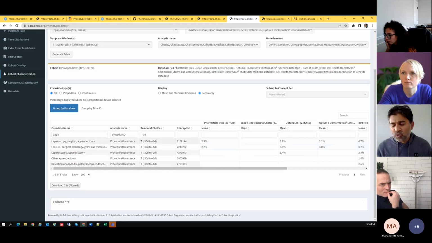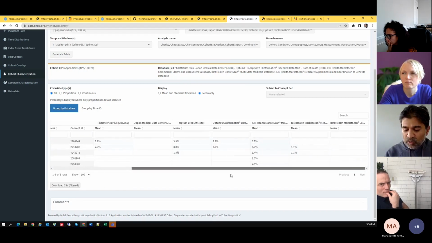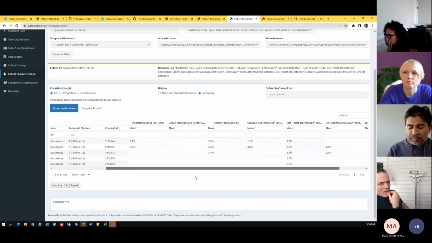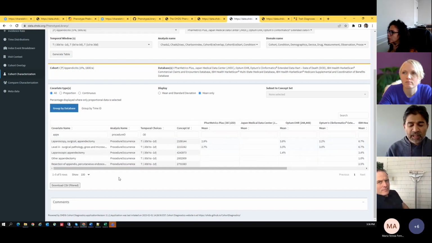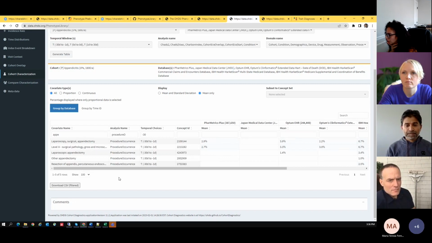I would assume that most of these are going to be -1 or -2 days, not -30, but that's just the default window. So based on that assumption, I would say about 3 to 6% of the people have an index date misclassification. Basically, they had the procedure before they had the code of the diagnosis.